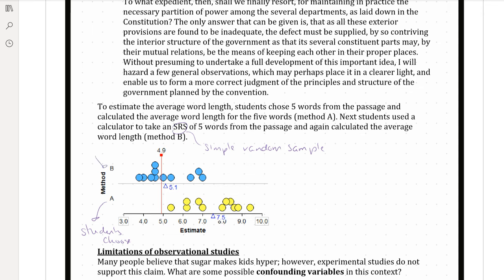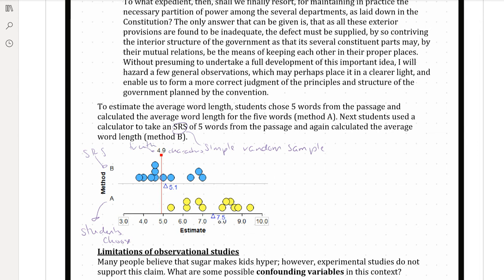Method B, this is our SRS. The true average word length of all the words in this sample is 4.9 characters or letters. So this is the truth.